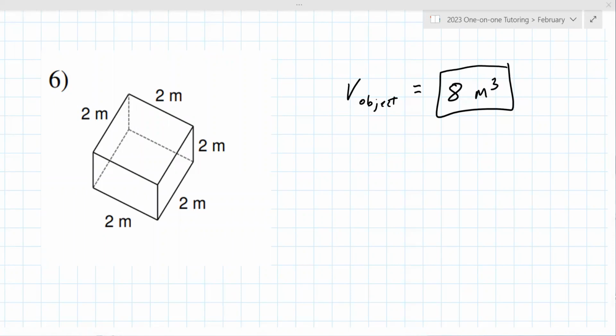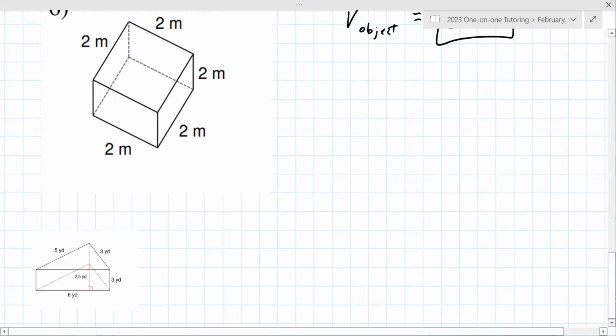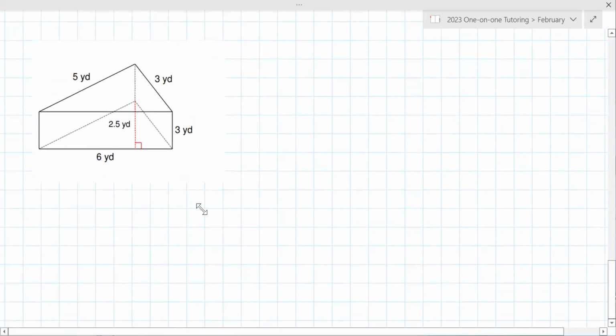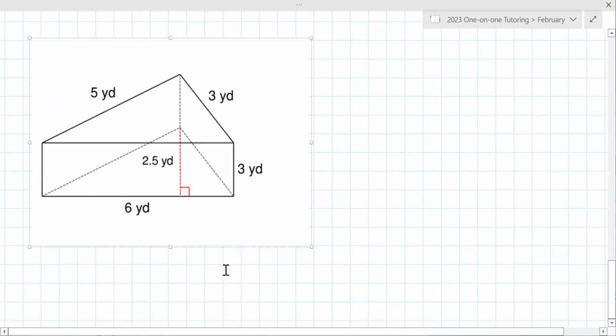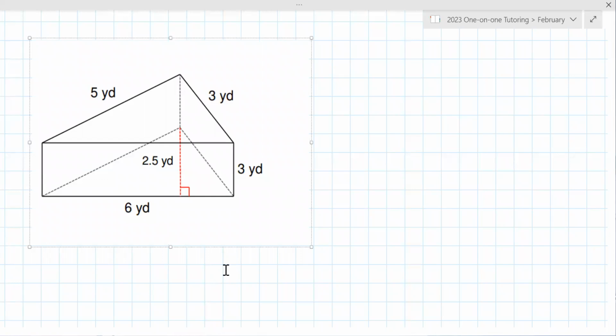These are again kind of I think the most awkward to look at. So here's a new problem for you to try. Again, you really want to figure out what is the base shape. So I do 6 times 2.5 equals 15, divided by 2, 7.5, and then 7.5 times 3 would give me 22.5 yards cubed.